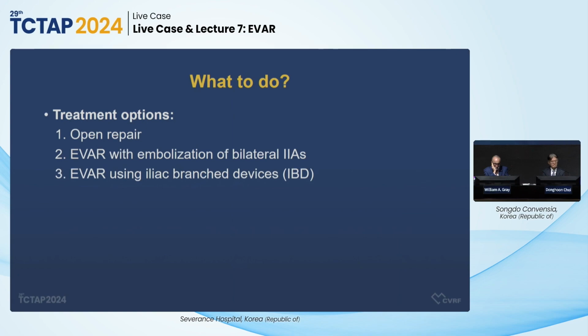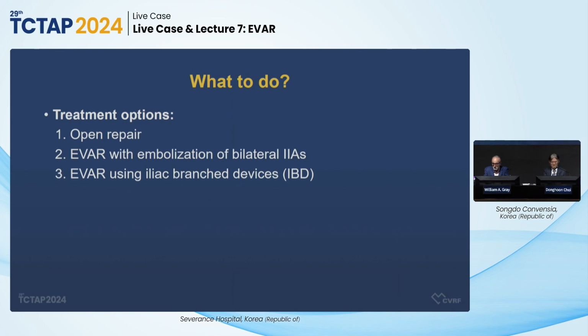For open repair, he has very reduced lung function due to prior chemotherapy and lung cancer, so he might not endure general anesthesia. So we can consider EVAR; the second option is classically bilateral iliac artery embolization and EVAR; and third, using an iliac branch device.